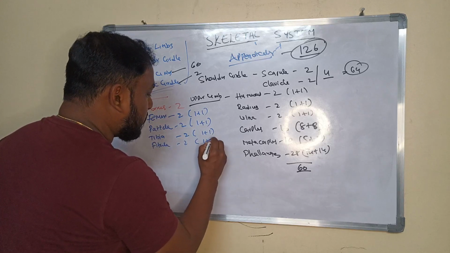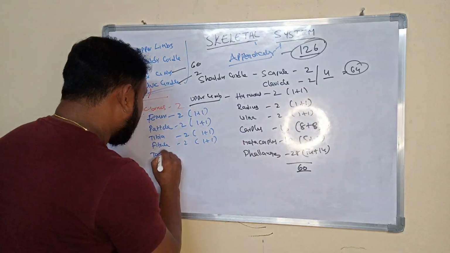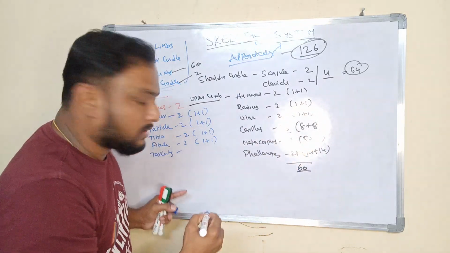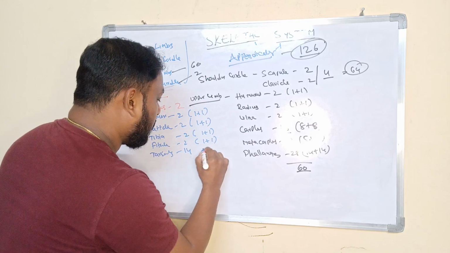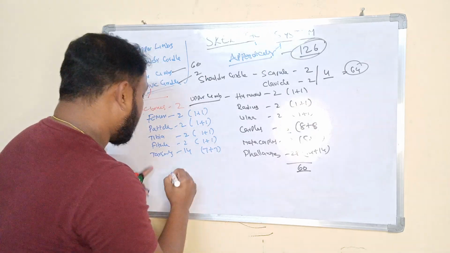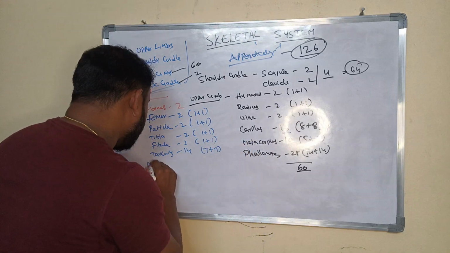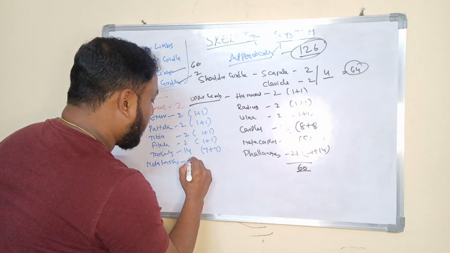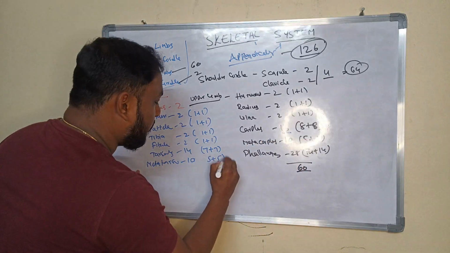Same like carpals here, tarsals, but here it is not 16. In the tarsals only 7 plus 7, 14. Next, metatarsals, same as the upper limb, 5 plus 5.